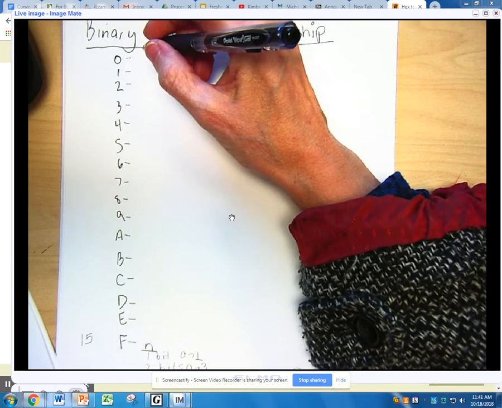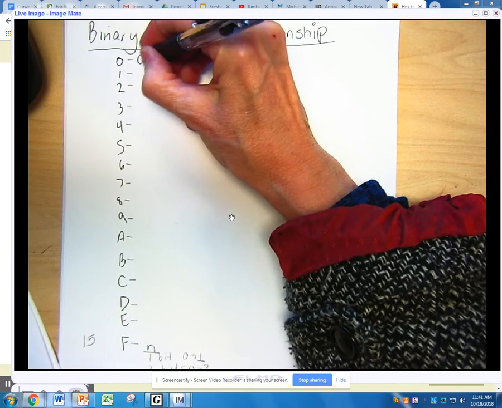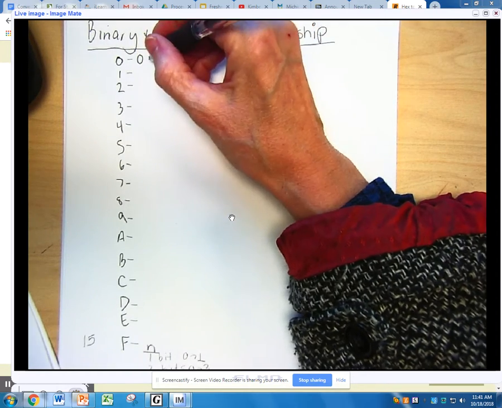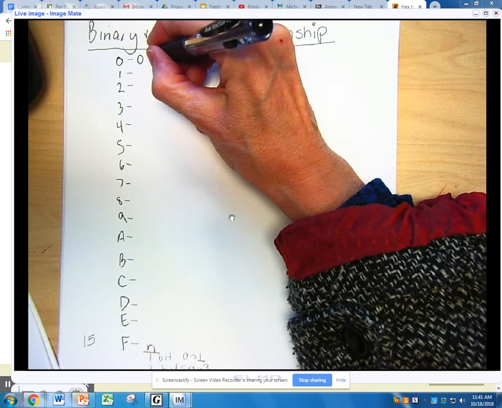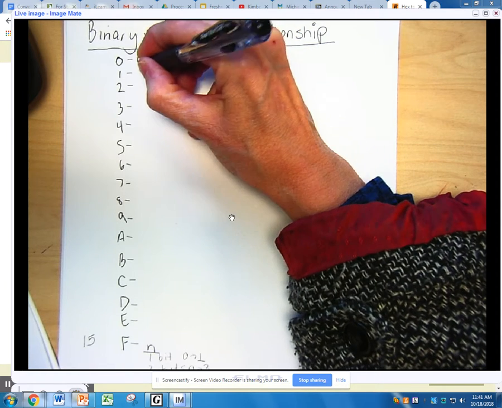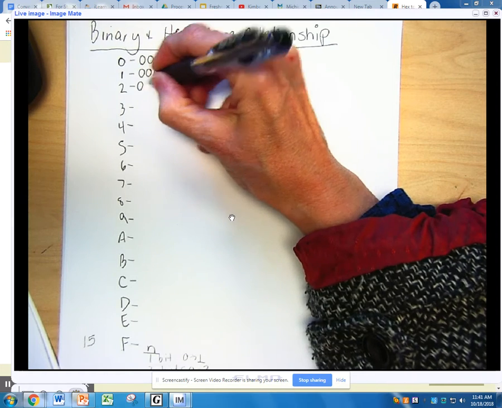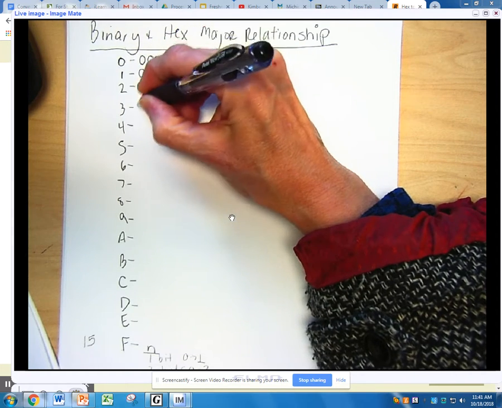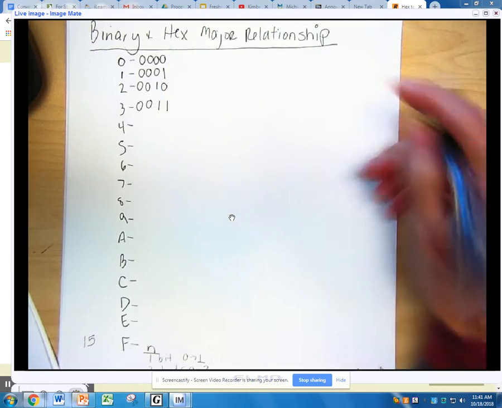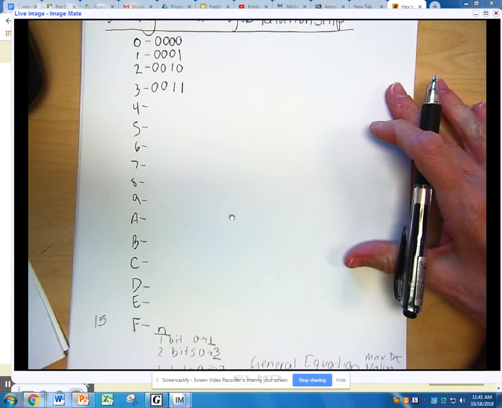Okay, so using 4 bits and 4 bits only, let's write out the 4-bit pattern for all these hex numbers. So 0 is 0000, 1 is 0001, 2 is 0010, 3 is 0011. Those are the first 3. There's nothing new there.